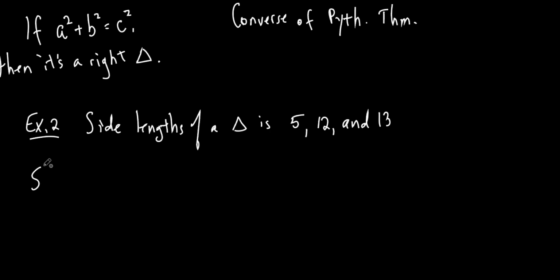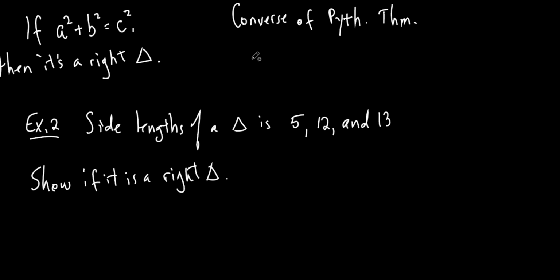I want to show if it is a right triangle. All right? So I don't know it's a right triangle right now, okay? But they tell me one of the sides is 5, the other is 12, the other is 13, okay?